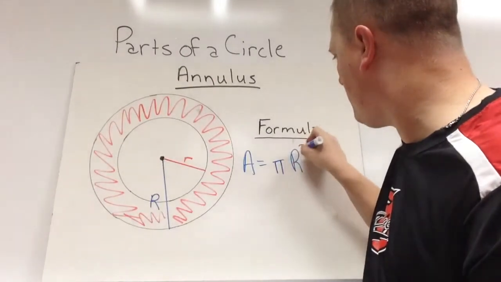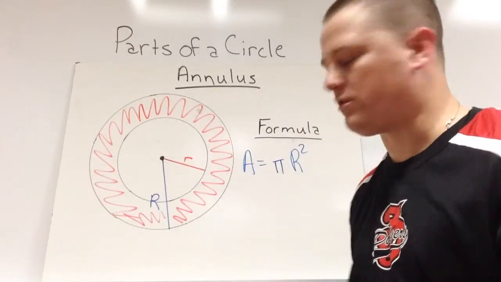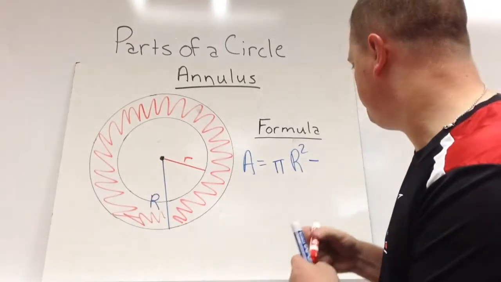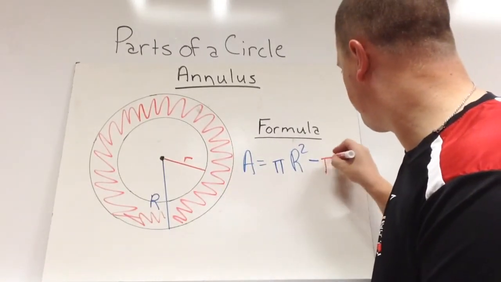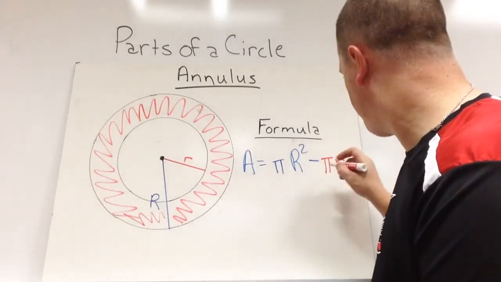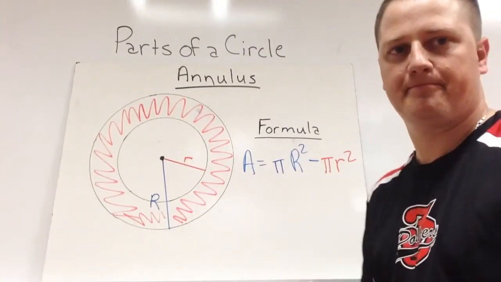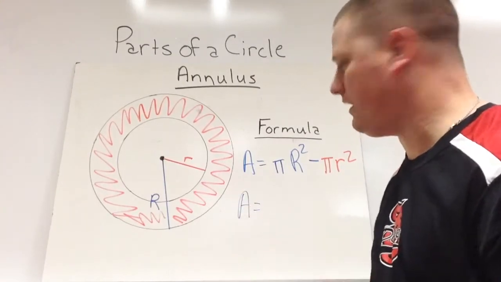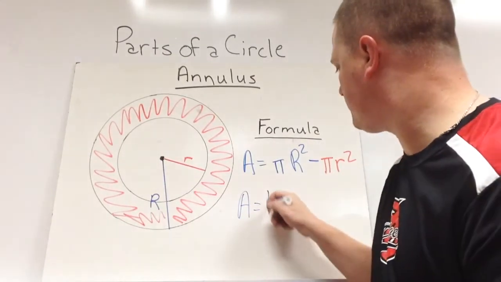So I'm going to use a large R to represent that it's the big circle, minus the area of the small circle. A lot of times we put the R squareds first.